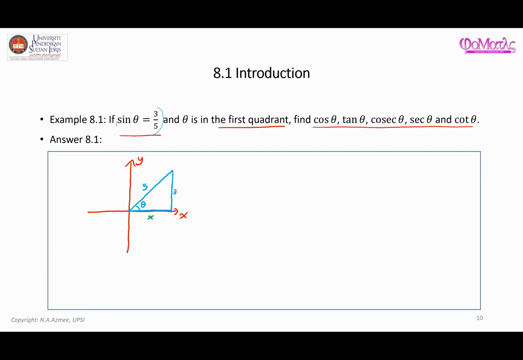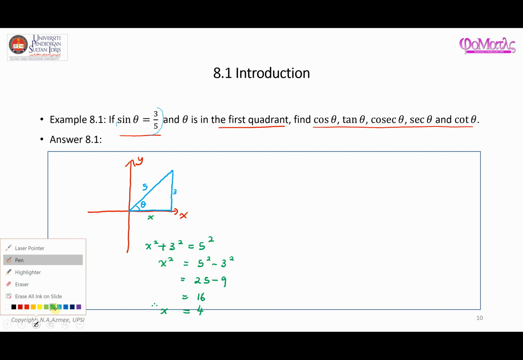According to Pythagoras theorem, x squared plus 3 squared must equal 5 squared. So x squared is 5 squared minus 3 squared, which is 25 minus 9, which is 16. Therefore, x must be a positive number, and x equals 4. I'm going to write down x here as equal to 4.